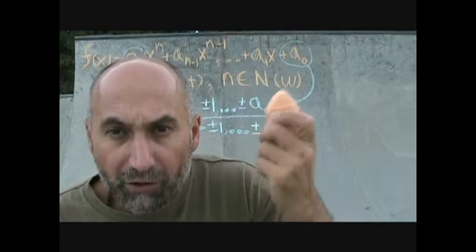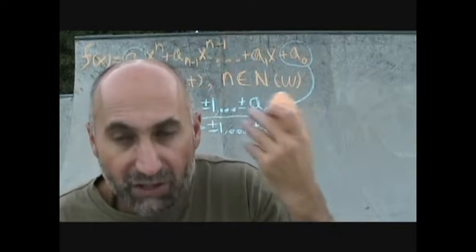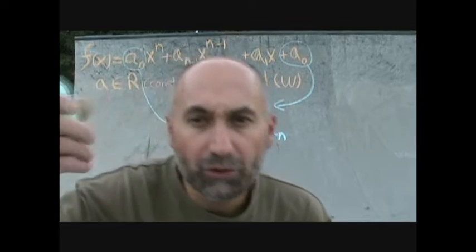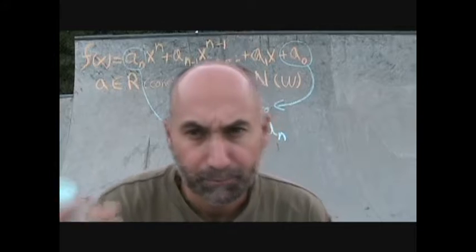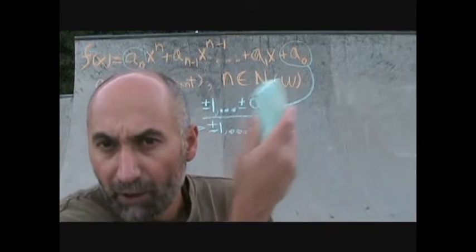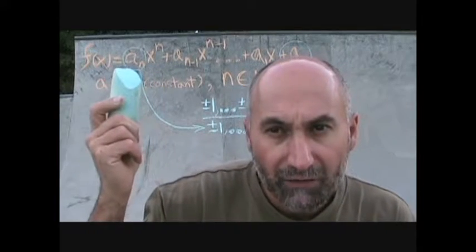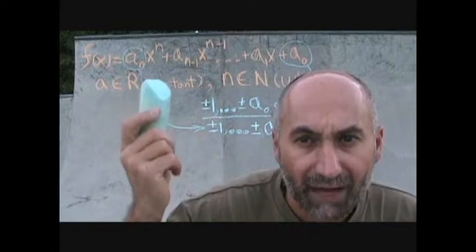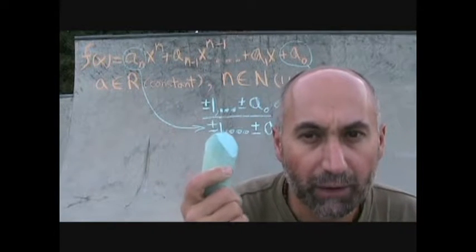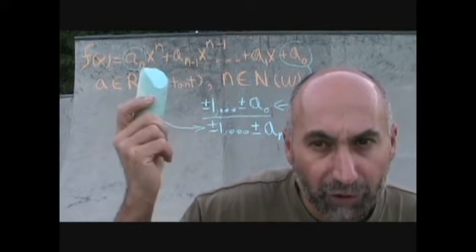So you try possible factors of this first, and if those don't reduce our original polynomial to something to the power of 2, then we try the possible factors of this divided by possible factors of the coefficient in front of the highest power. The possible factors of that one are, again, plus or minus 1 and whatever else, plus or minus a sub n, whatever the coefficient is.